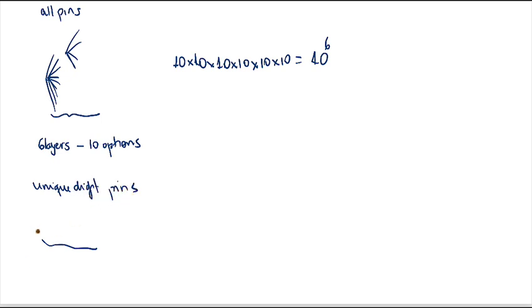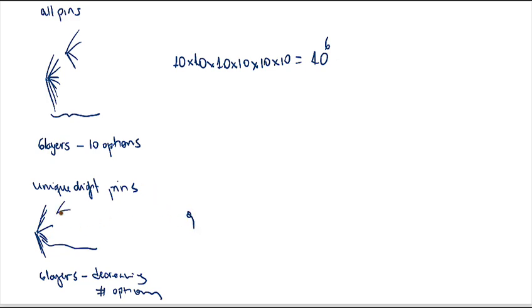And what you're going to do is, you will still have 6 layers, but you will have a decreasing number of options. For example, in the first layer, you will have 10 digits.